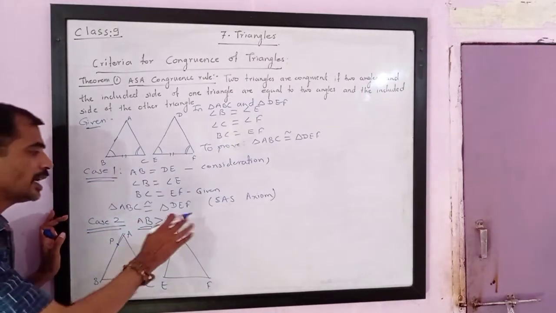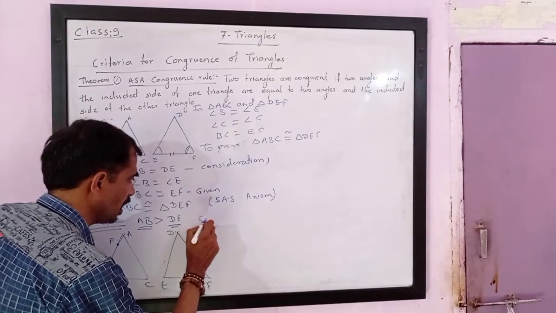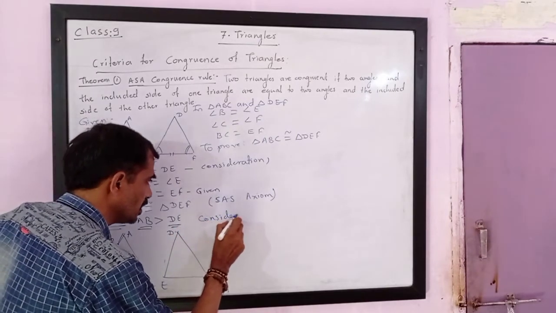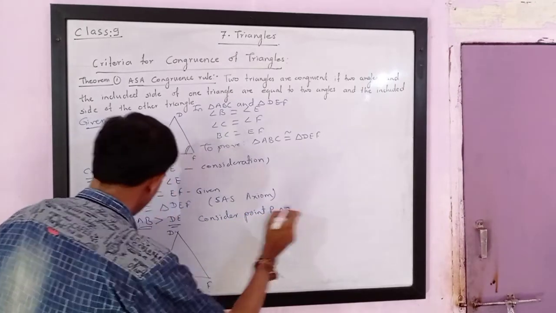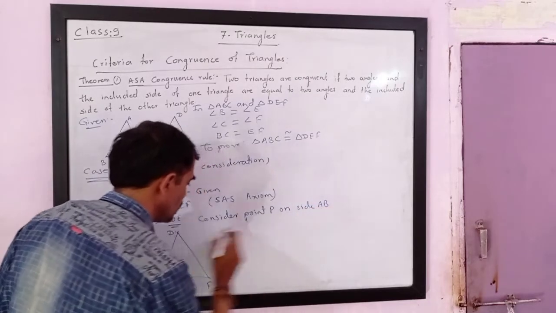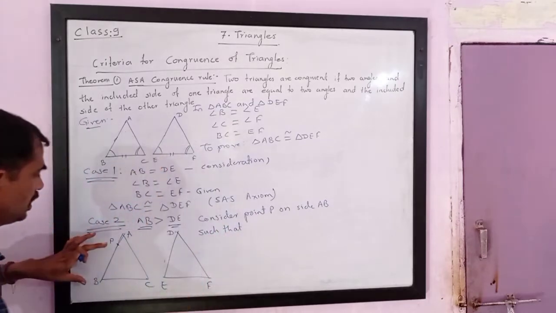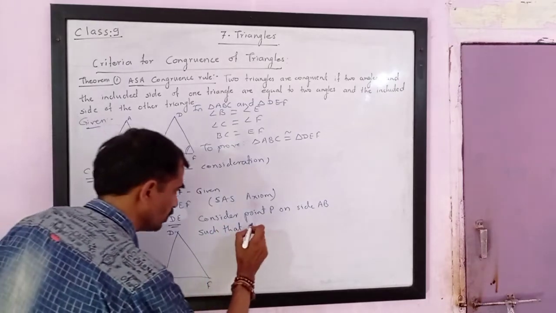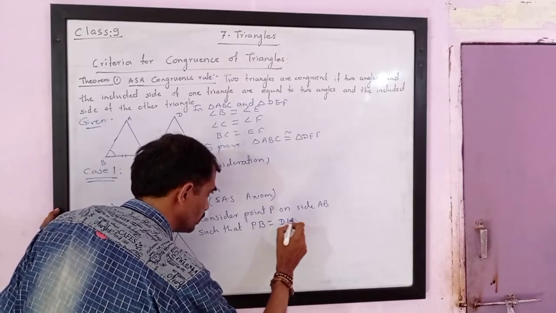So we can consider point P on side AB such that PB is equal to DE.